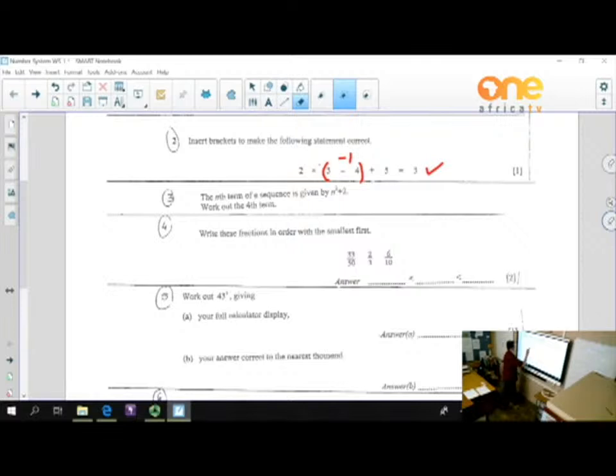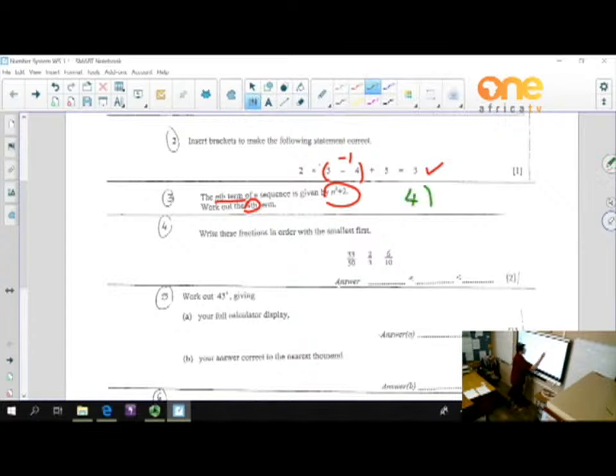The nth term means that is your sequence, that is your pattern, that's the rule that we have there. And they provide you with a formula, n squared plus 2. N stands for any number, the 5th term, the 4th term, the 10th term. That's what n stands for. And now they want the 4th one, so all that we're going to do is to substitute.